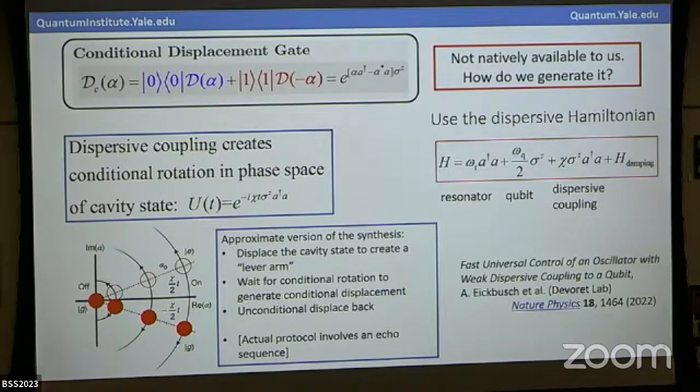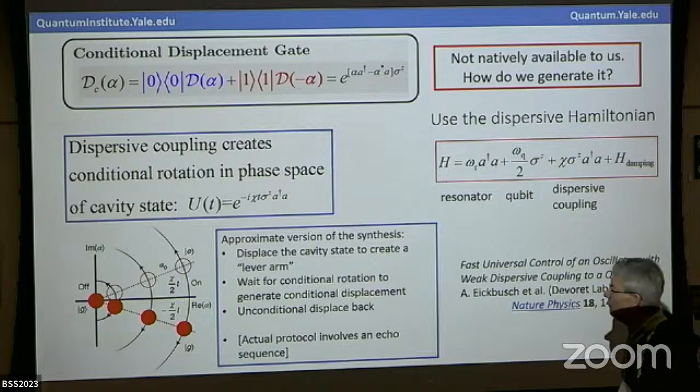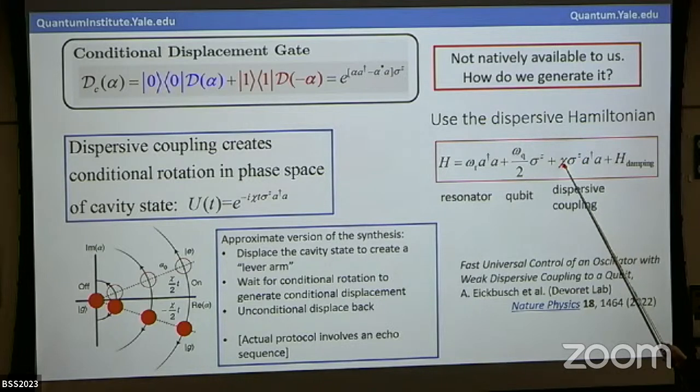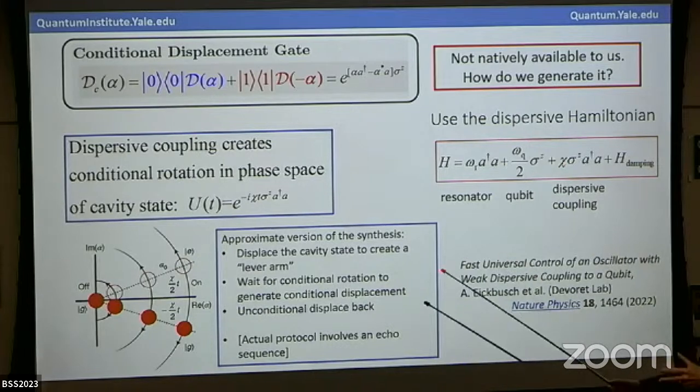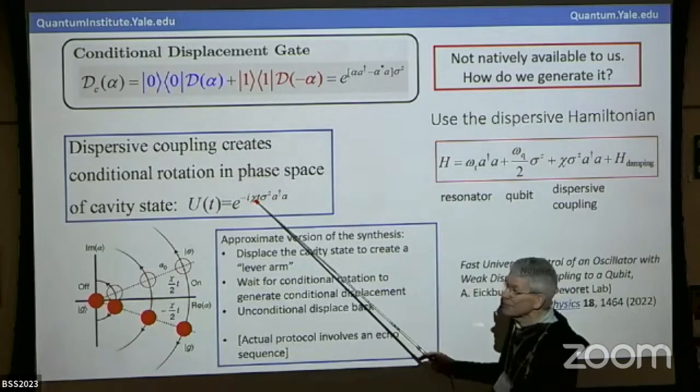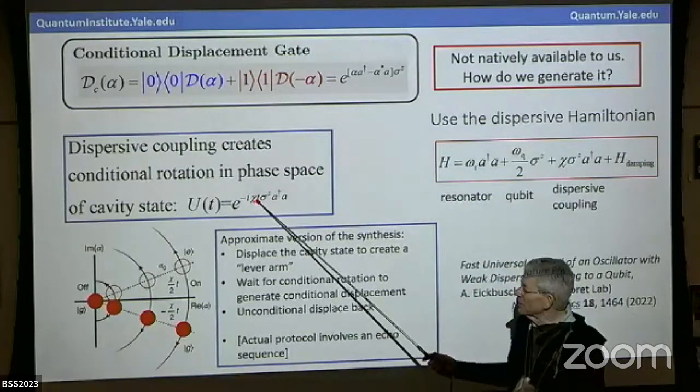I'm going to apply, and I'm going to do it very fast on resonance, so it doesn't care whether the frequency is omega plus chi or omega minus chi. Going to make an unconditional displacement. So that gives me a lever arm. This can actually be fairly small, weak dispersive coupling.